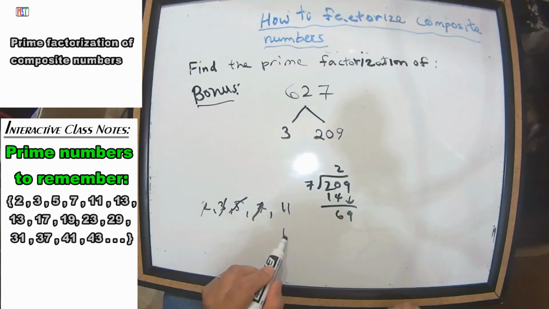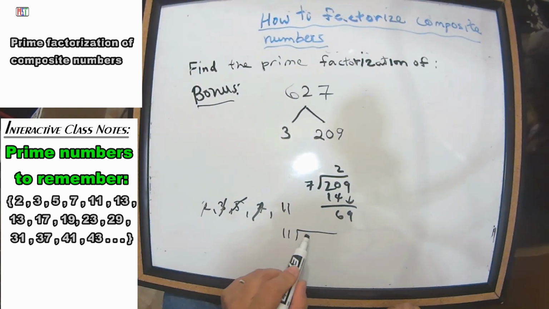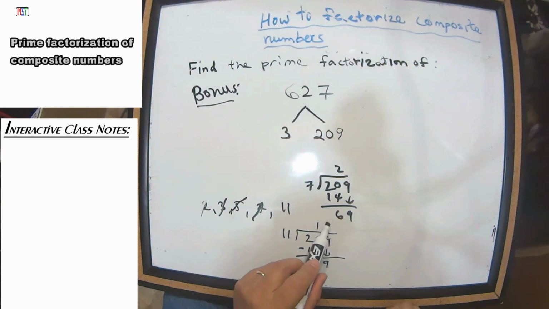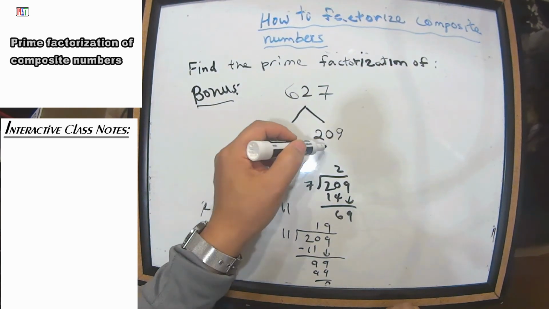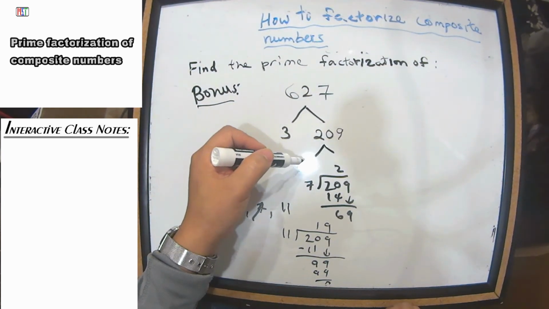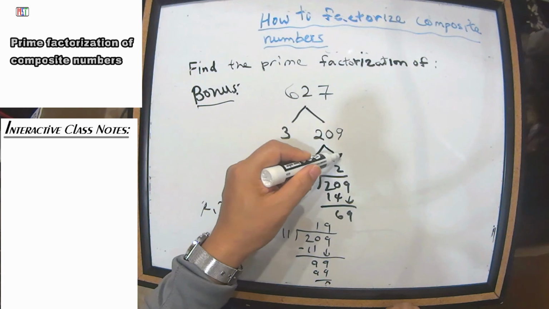What about 11? Okay, 11 goes into 20 once. 1 times 11 is 11, so 20 minus 11 is 9. Bring down the 9, so 99. 11 goes into 99 9 times. Oh, yeah, that works out. So 209 is 11 and 19.